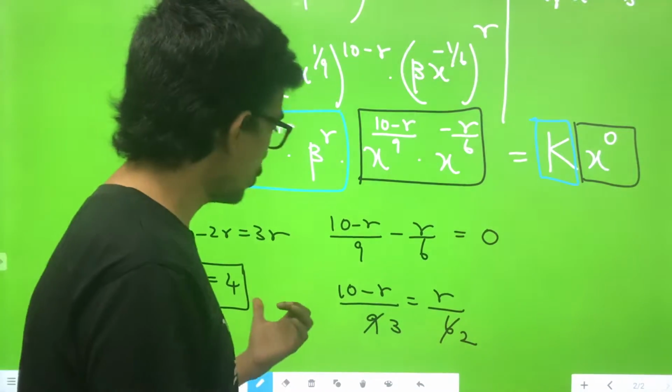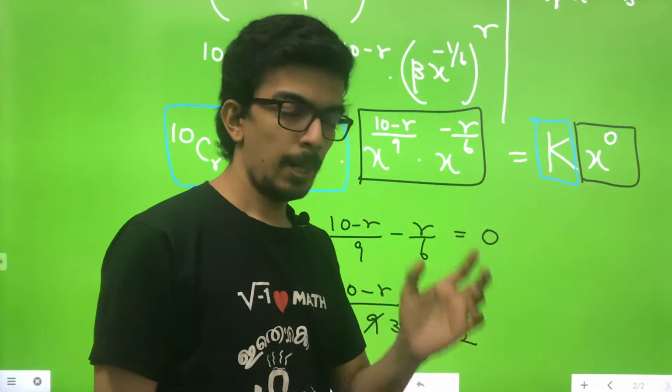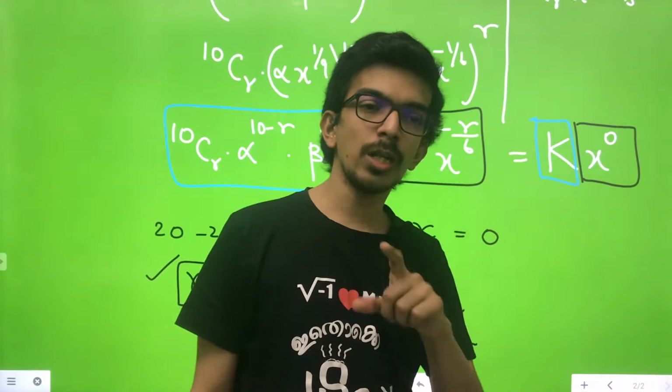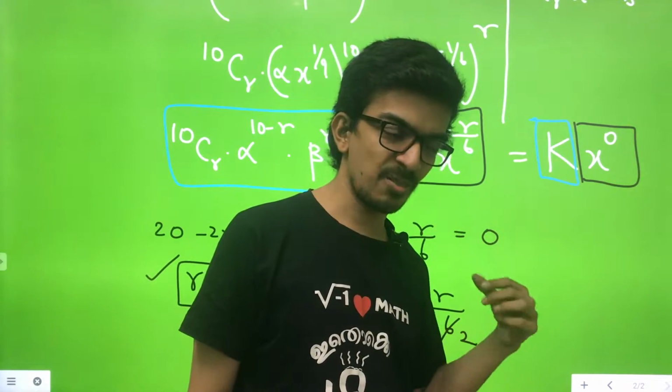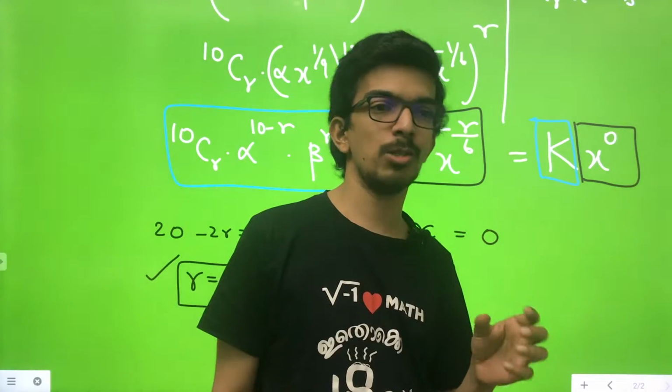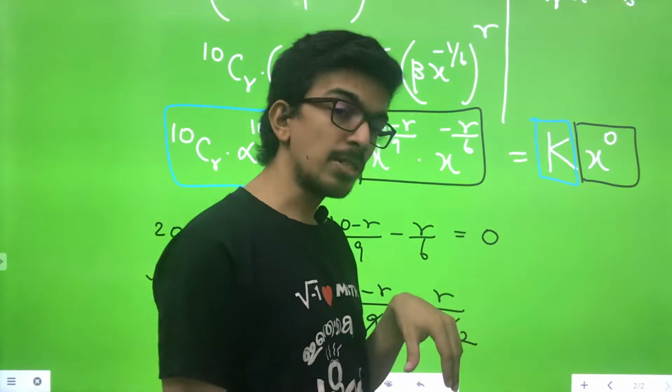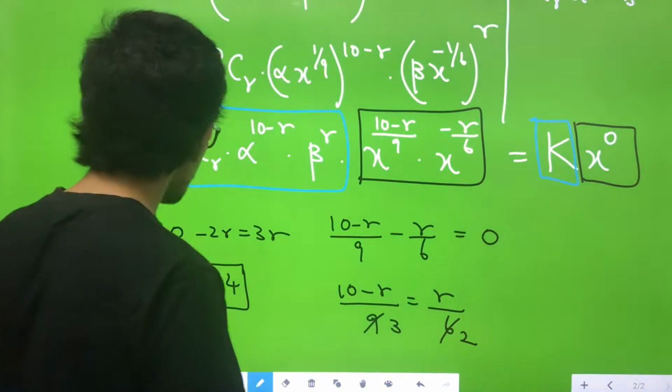Okay, so this part is straightforward, but I'll also give you a shortcut because this is a very common question. So it is better to skip all these steps and arrive at the value of r directly.